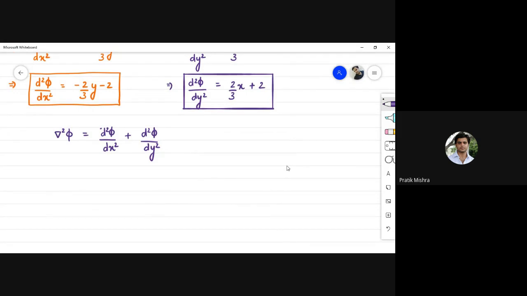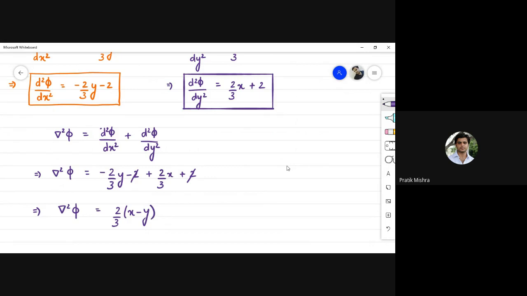So your delta square phi comes out to be minus 2 by 3 y minus 2 plus 2 by 3 x plus 2. So these two are going to cancel out. You will have the value of delta square phi equal to 2 by 3 of x minus y.